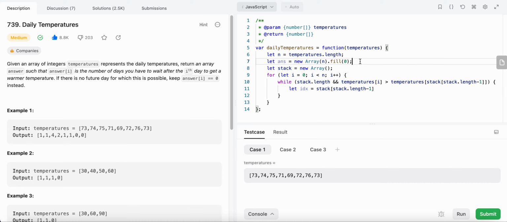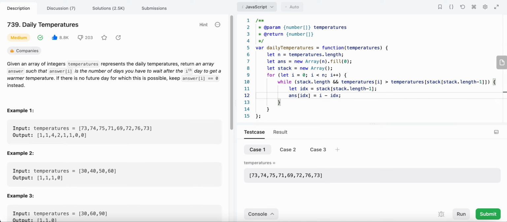So we take the index, and at that index of our answer array we update the value: answer[index] equals i minus index. So this will give the difference in the number of days.